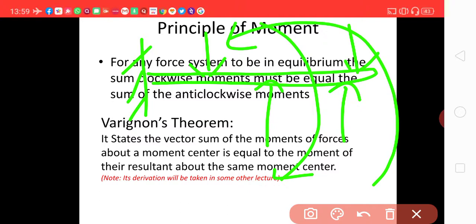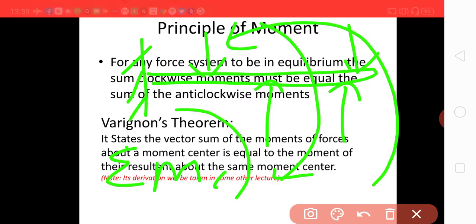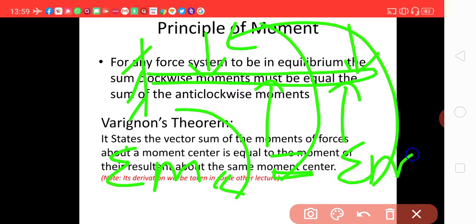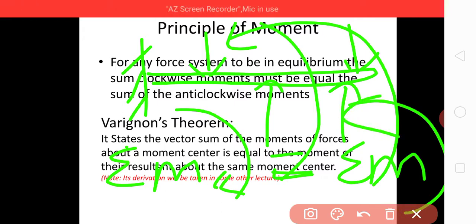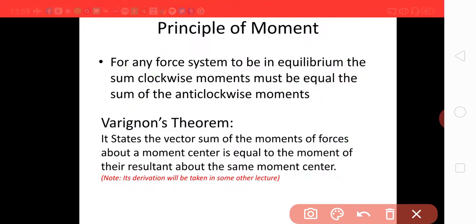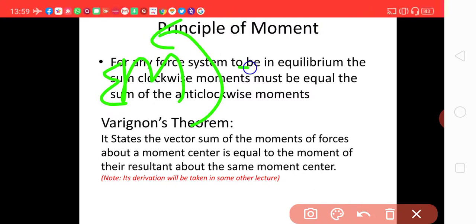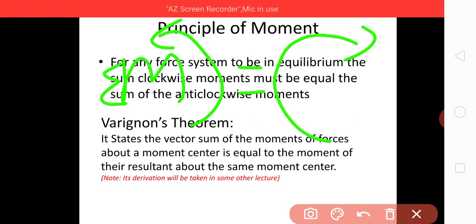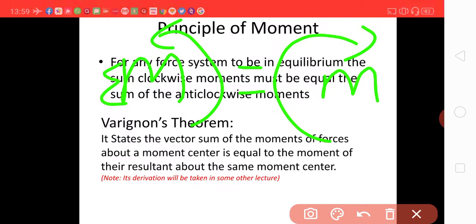If this system is in static equilibrium, then summation M clockwise will be equal to summation M anticlockwise. Again, summation M anticlockwise is equal to summation M clockwise. This is the principle of moment.